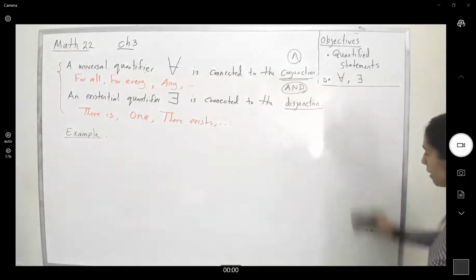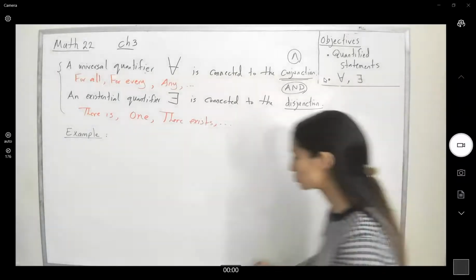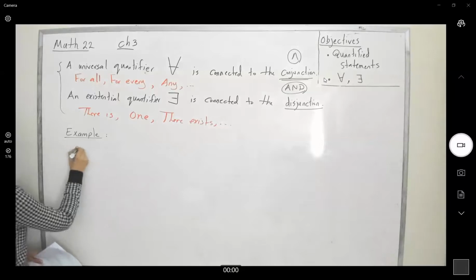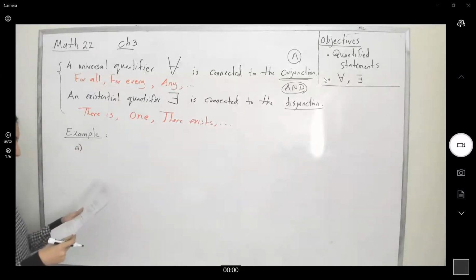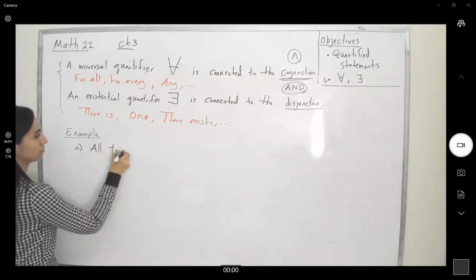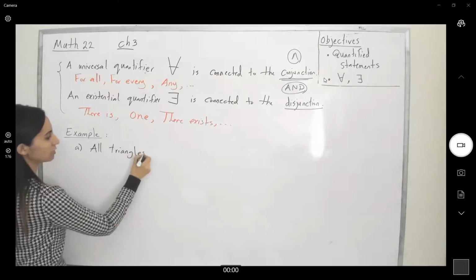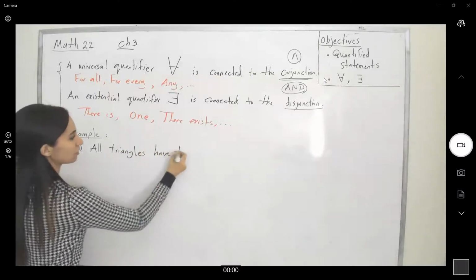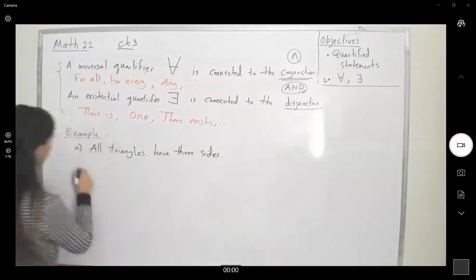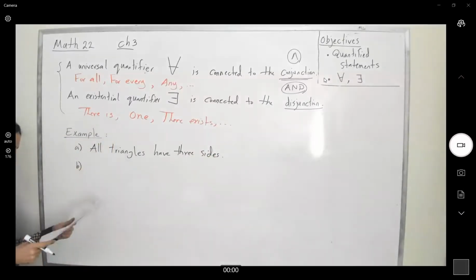Now we have some sentences. How do we translate them into logical form? For example, suppose it's given as all triangles have 3 sides. Or you might have something like this: no dogs have wings.